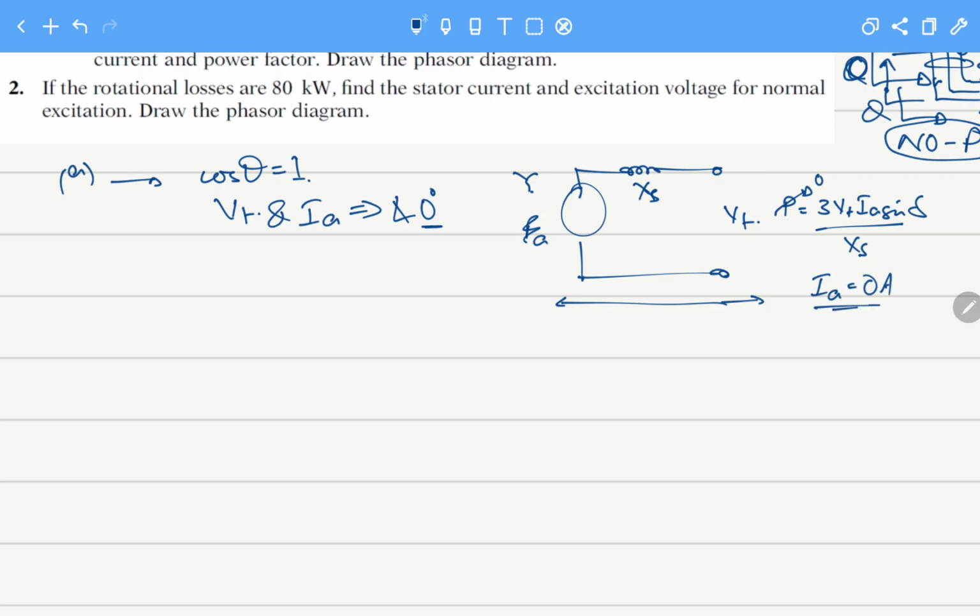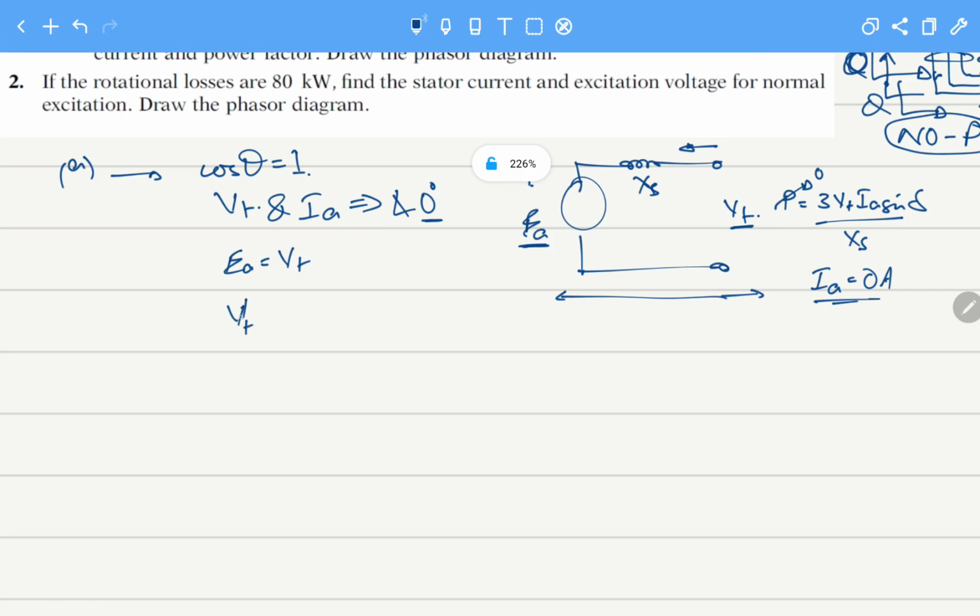There is no current flowing into or out of the machine, and this makes EA and Vt equal. EA equals Vt. Now, what is Vt? As this is a Y-connected motor, Vt is equal to the line-to-line voltage divided by root 3.